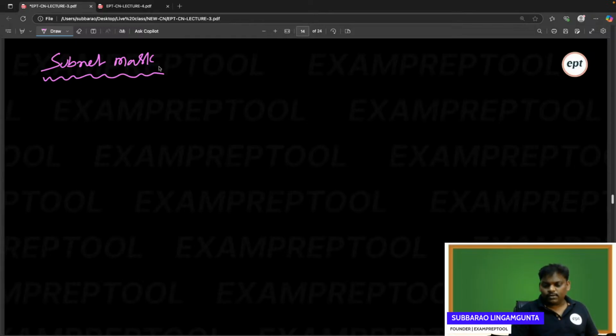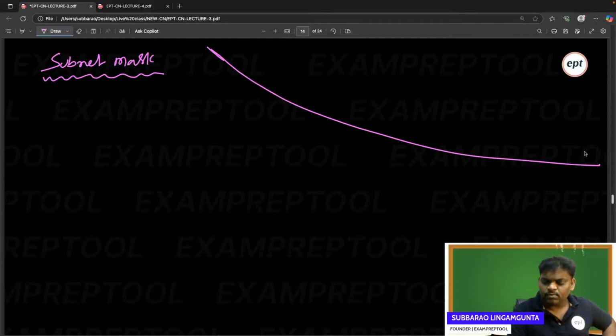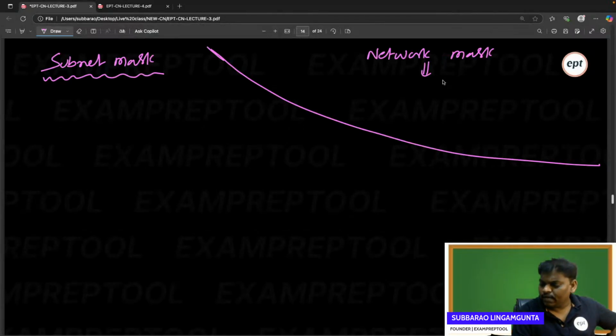I think yesterday or the day before yesterday, I told you a small story about net mask, network mask. What is the meaning of network mask? If you observe clearly, network mask is nothing but network part all ones plus host part all zeros.